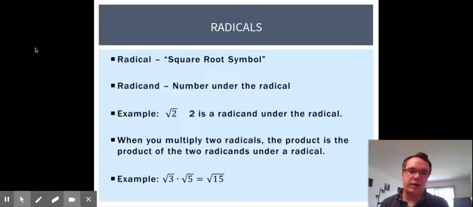And the number underneath is called the radicand. So in the square root of 2, we could call that radical 2 as well because it's a radical, and our radicand is 2. And when we multiply two radicals, we multiply the radicand. So the square root of 3 times the square root of 5 is the square root of 15. A radical 3 times radical 5 is radical 15.